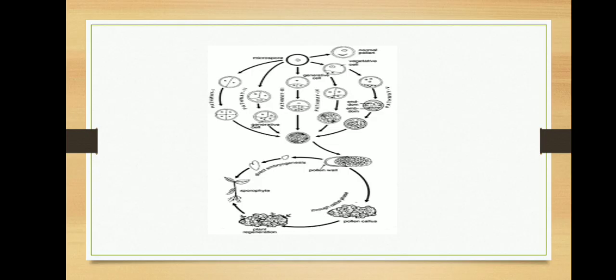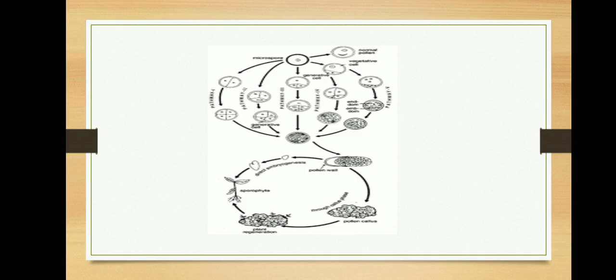From these multicellular tissue, in one way we can get one embryoid, and in an alternative way we can get callus. In the way where only one embryoid forms, we can get only a single haploid plant, and in the way where we get callus, we can get more haploid plants during the further culturing process.